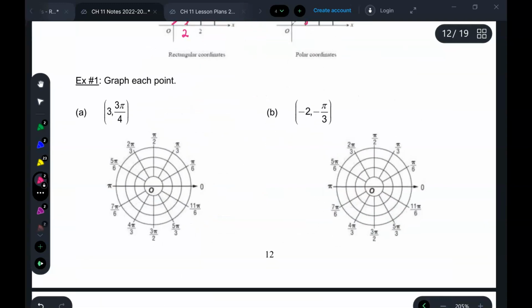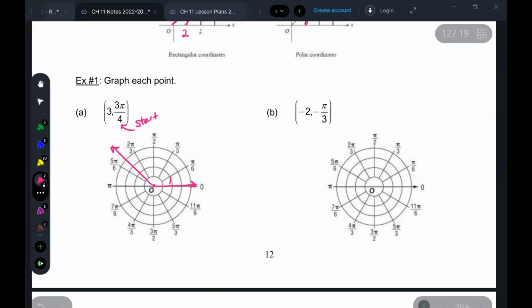When we're graphing polar coordinates, we're always going to start by locating the angle. We're going to draw the angle first, that's our initial side. And 3 pi over 4 will go right in between 2 pi over 3 and 5 pi over 6.